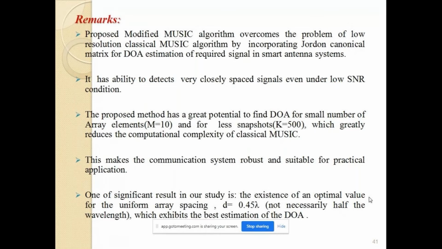The next one is that the proposed method has great potential to find the direction of arrival using a small number of antenna elements and a small number of snapshots. It greatly reduces the computational complexity. We should note this important point.